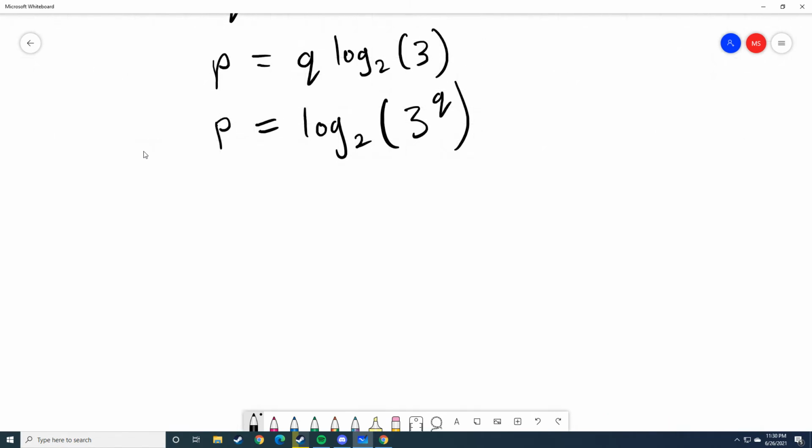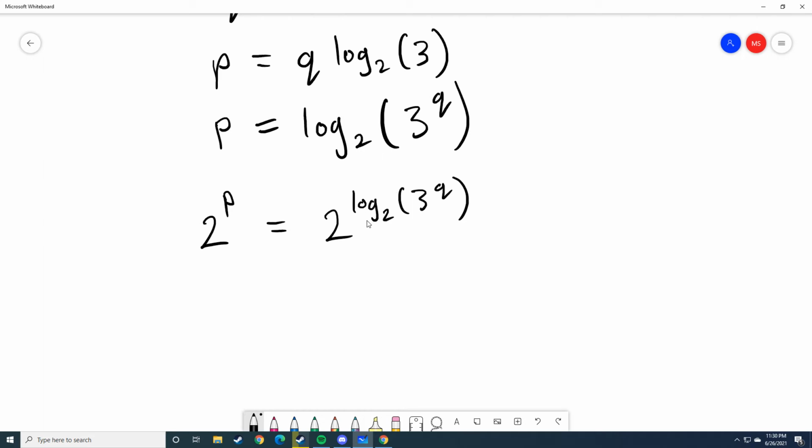Okay, cool. Now in this next step, I'm going to exponentiate both sides with a base of 2. So essentially I'm going to put a 2 down here on both sides, but I'll show it in another step. So I'm going to say this is the same thing as 2 to the p is equal to 2 to the log base 2 of 3 to the q.